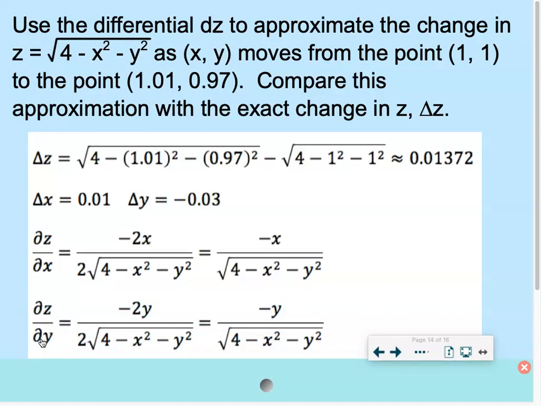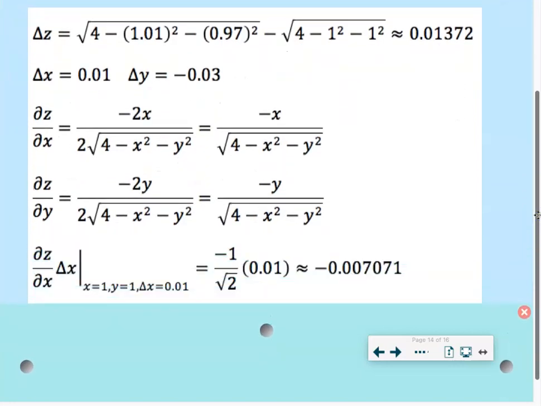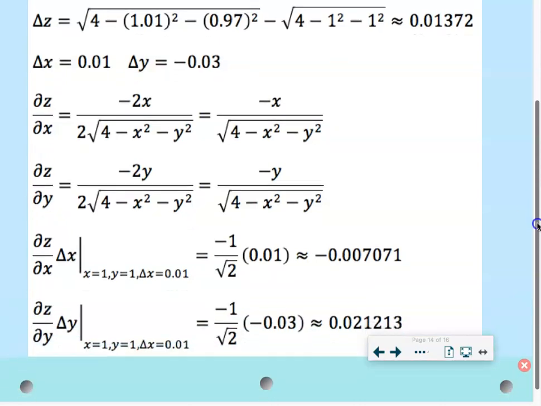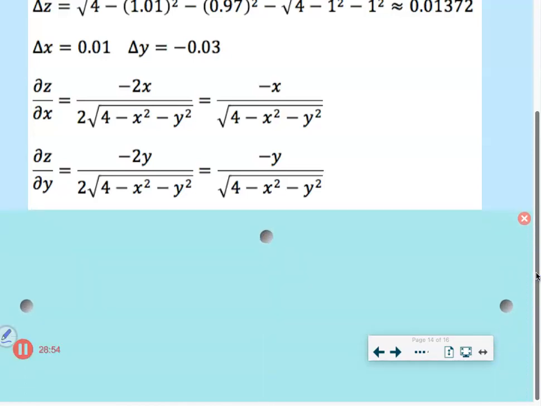So your dz, I put in the numbers first. I didn't write it all out. Okay, I'm going to write it out up here. So my dz equals partial z partial x dx plus partial z partial y dy.